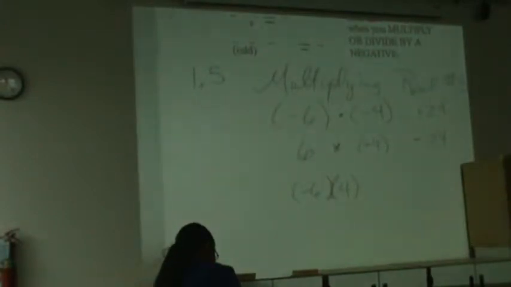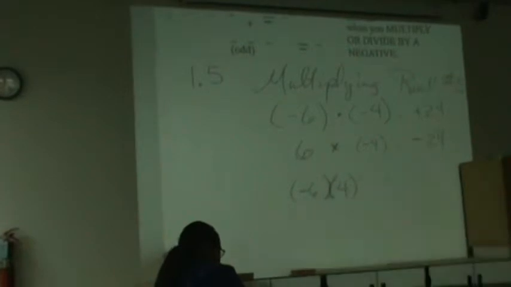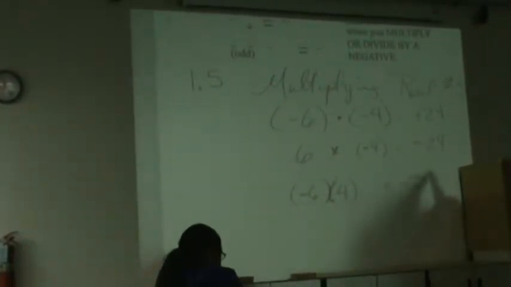And it's still 24. Okay. They may be touching. You may have parentheses that are touching. That's also multiply. -6 and a +4. What's that one? Same as that. -24.